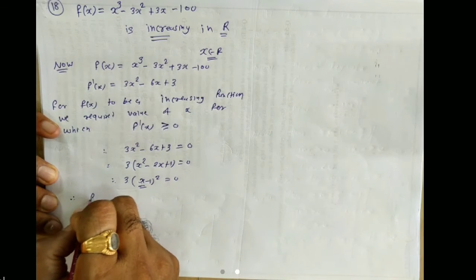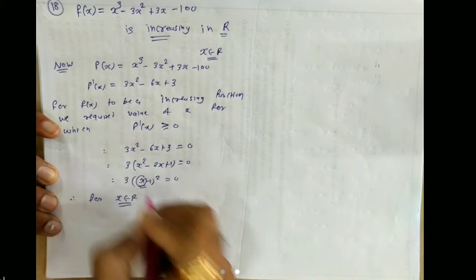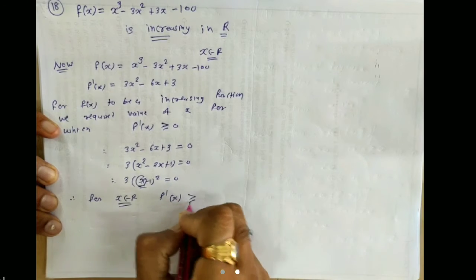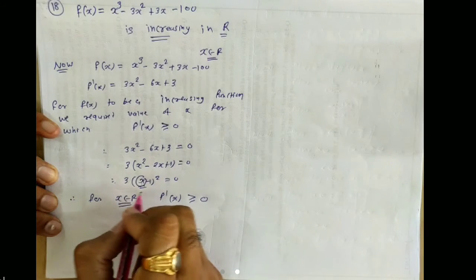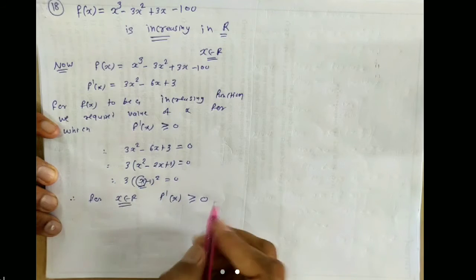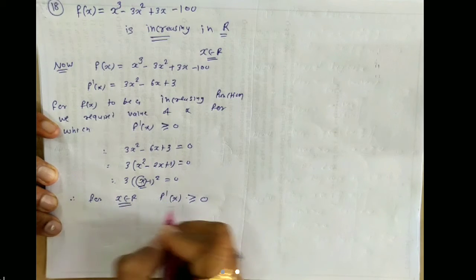So for x belongs to R, you can take any value of x over here. For x belongs to R, our f dash x will be greater than or equal to 0, right? It will be 0 when, if you take x equal to 1, 1 minus 1 is 0, square is 0, everything is 0. So f dash x will be greater than or equal to 0 for x belongs to R.